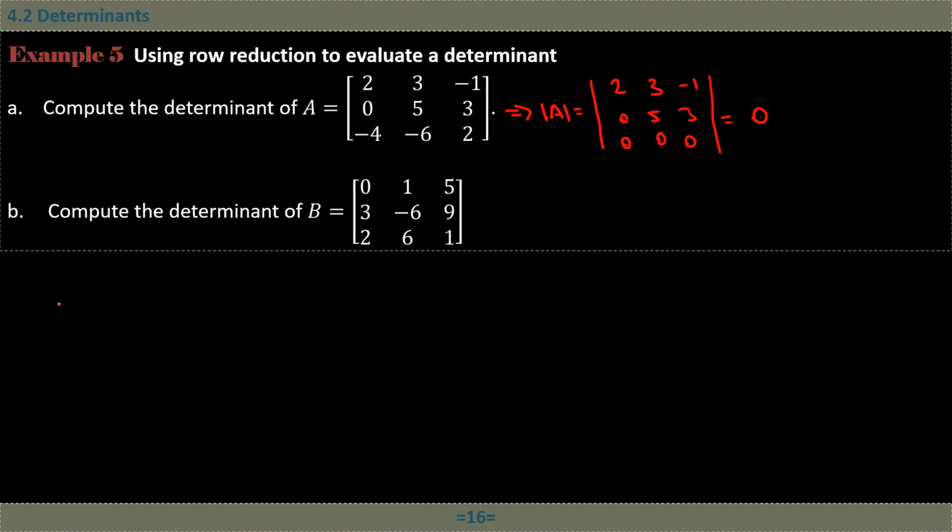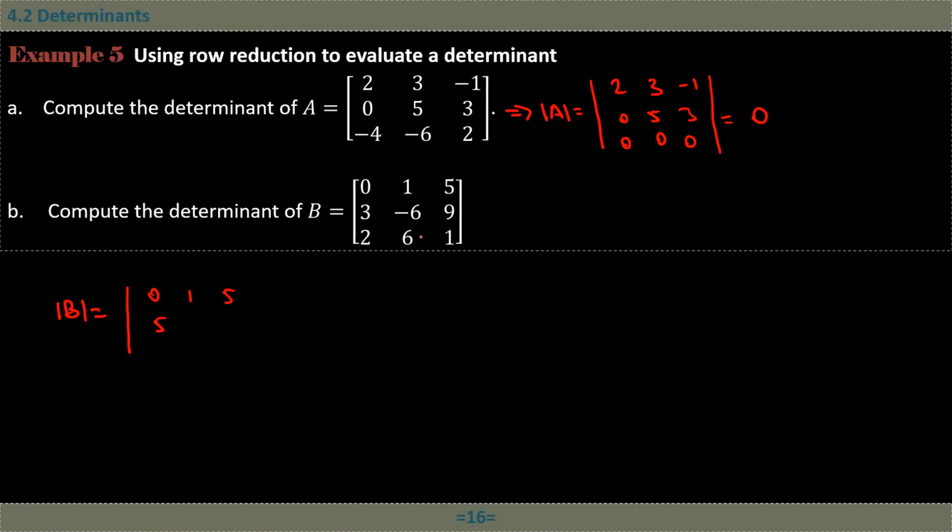How about B? The determinant of B is equal to, for example, I want to create one more 0 here. Okay, good. So here we have 0, 1, 5. First, let me multiply the third row by 1 and add to the second row. What happens here?